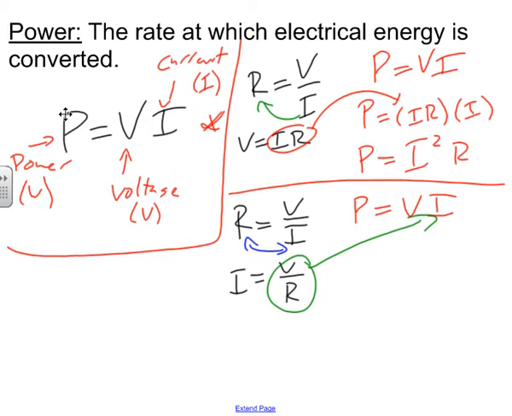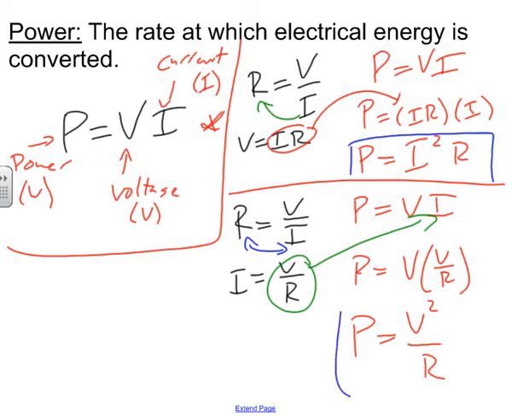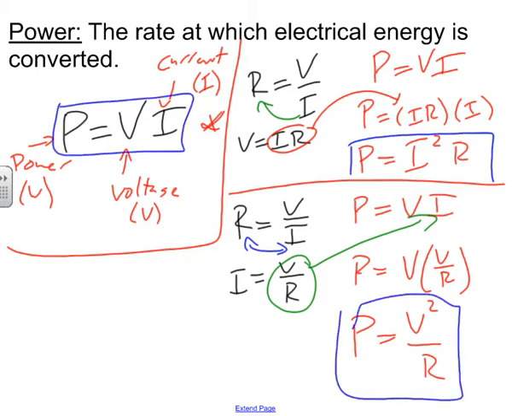So that becomes power is equal to voltage times voltage over resistance. Simplified, power becomes equal to voltage squared over resistance. So now we've got three different forms: 1, 2, 3. Three different forms to figure out the exact same thing based on what information we have.